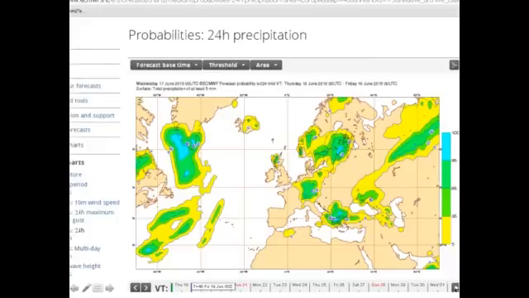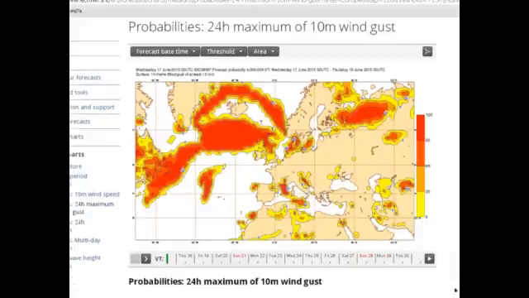As for the winds, if we look at the probabilities of the wind gusts, as I told you in looking at the synoptic images, here is the very high probability of high winds. So over the North Atlantic, northern part of the UK, here Belgium, and here probably also towards the Baltic states. So this is the area where high winds can be expected.